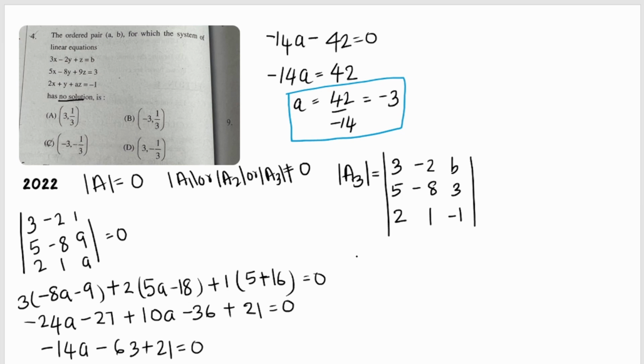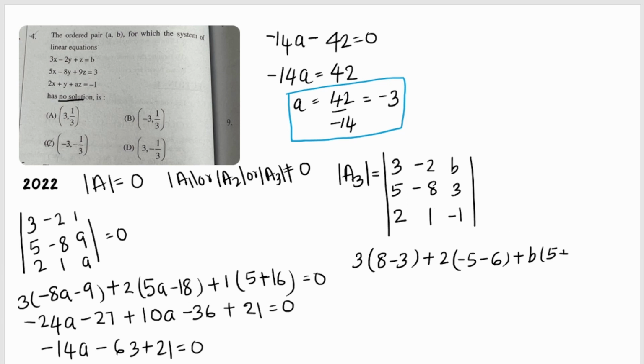Now expanding the determinant, we'll have 3 into minus 8 into minus 1 is 8. 8 minus 3. Then you have minus of minus, plus 2. Then you have minus 5 minus 3 into 2 is 6. Then you have plus B into 5 minus 8 into 2 is minus 16.